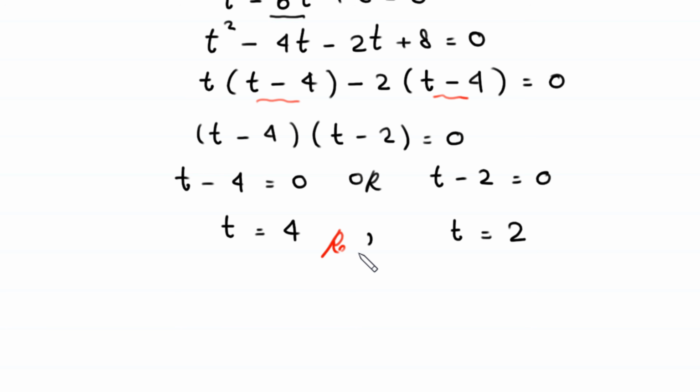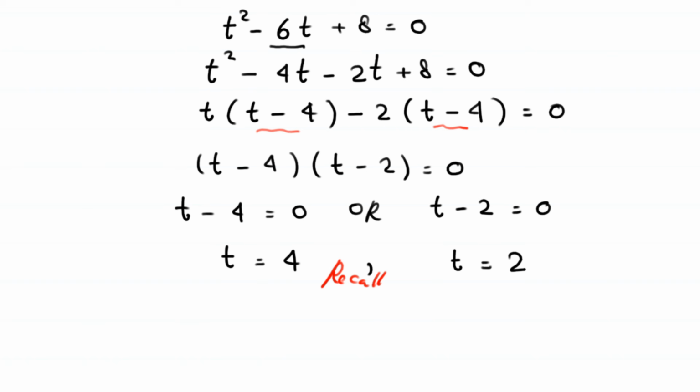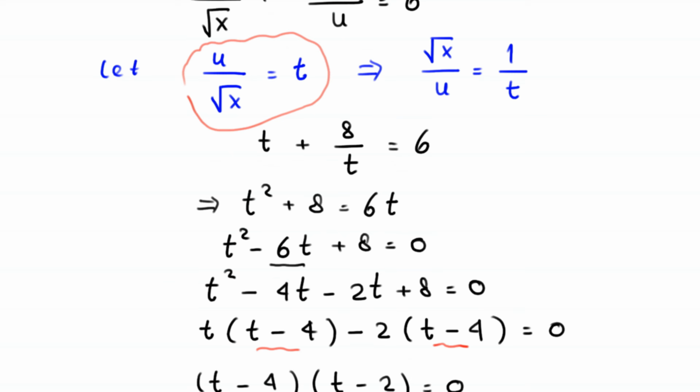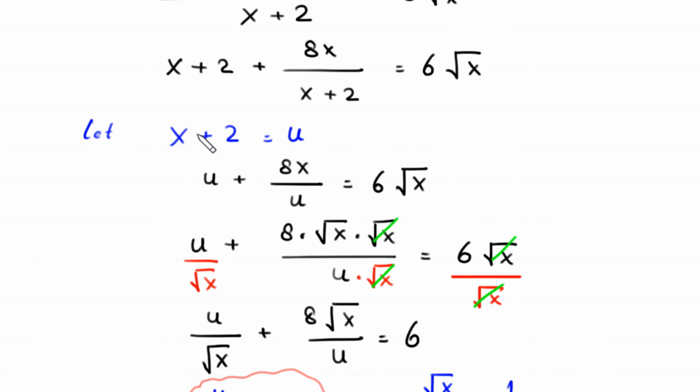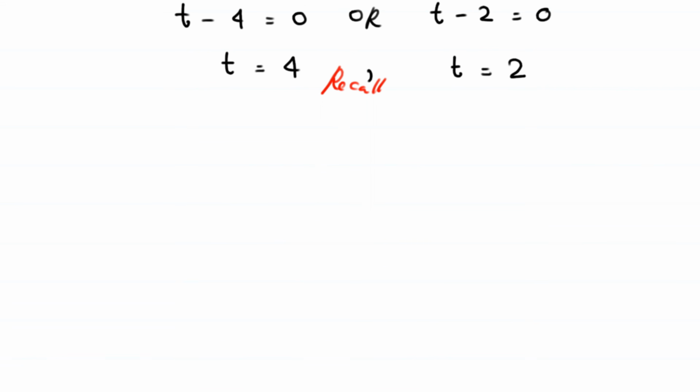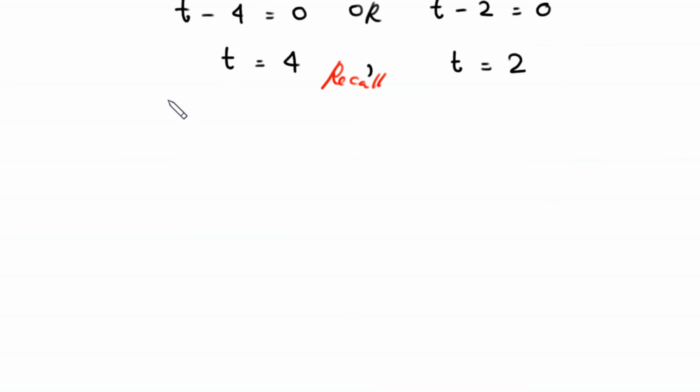Now recall that we have supposed that u over root x equal to t, and we have supposed that x plus 2 equal to u.